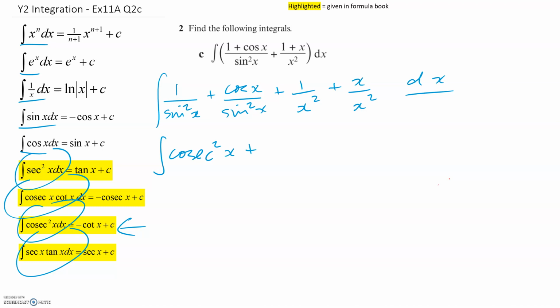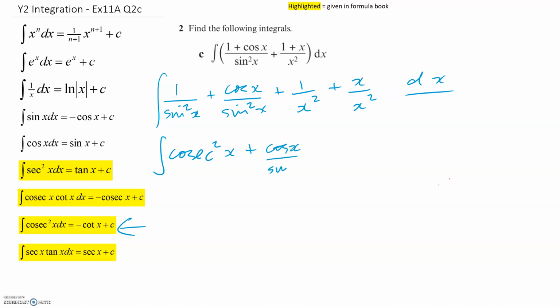Cos x over sine squared, now that's not obvious, but I would try splitting that up into cos x over sine x times 1 over sine x. The reason for that is I think that is going to give us a cosec cot, which is good news because we know how to integrate cosec cot. So we'll do that in a minute.